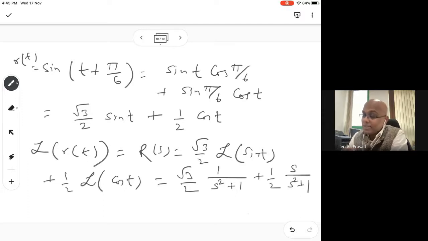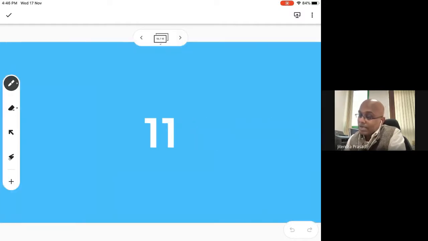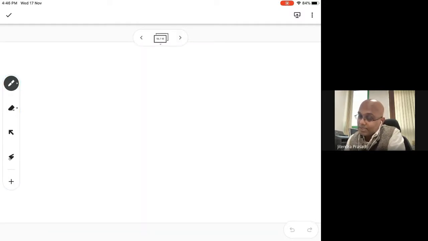Now next we solve the problem. We have R(s) equal to root 3 over 2 times 1 over s square plus 1, plus half s over s square plus 1. It's not given, but we computed already that C(s) equals R(s) times 10 over s plus 11.